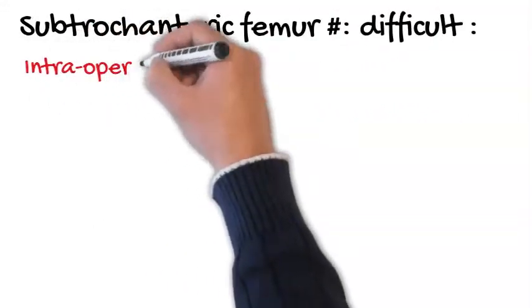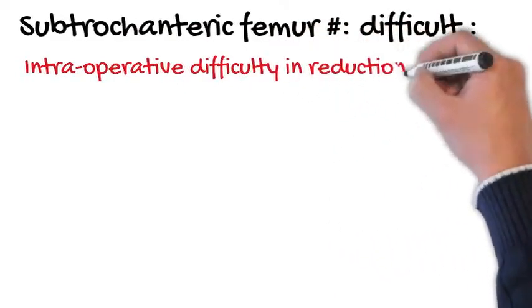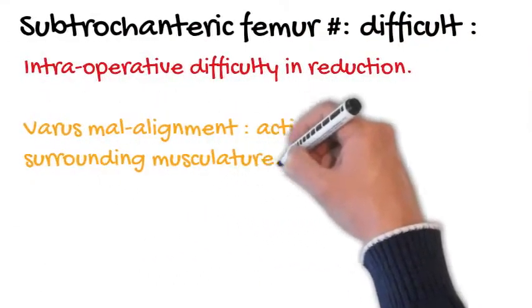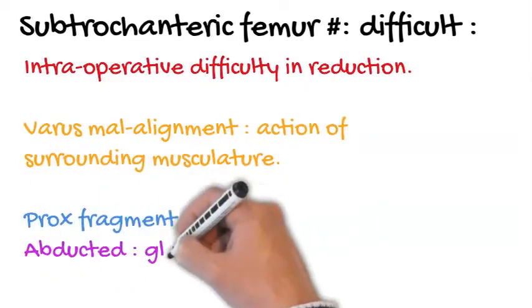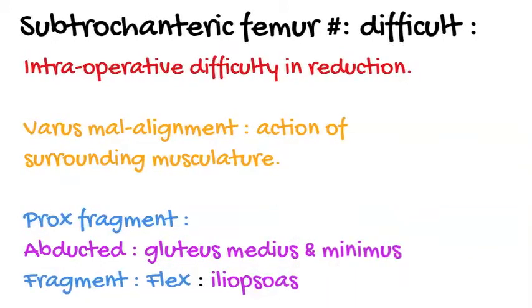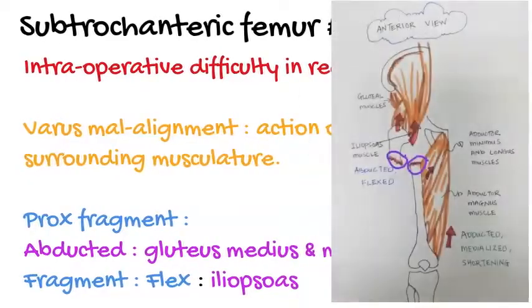Subtrochanteric femur fracture is the most difficult among shaft fractures to treat because of intraoperative difficulty in reduction. Varus malalignment over the subtrochanteric region is common due to the action of the surrounding musculature. The proximal fragment will be abducted due to the action of gluteus medius and gluteus minimus, inserting at the greater trochanter of the femur.